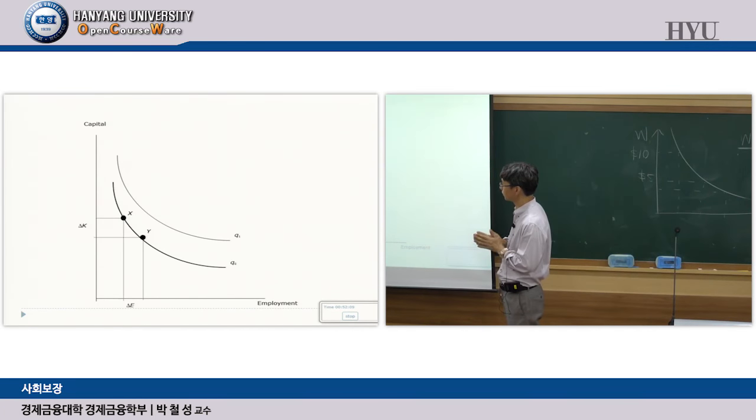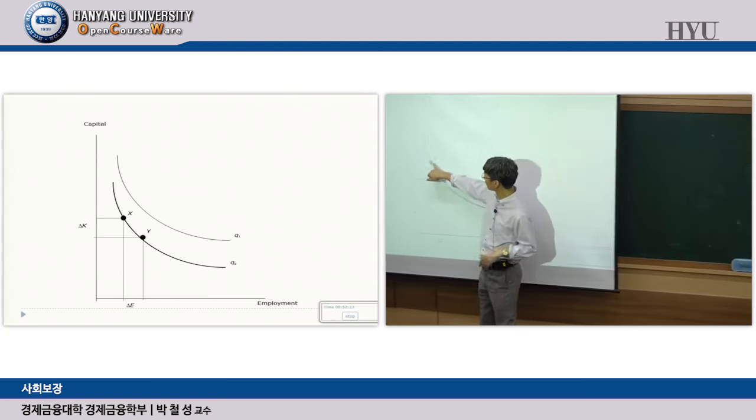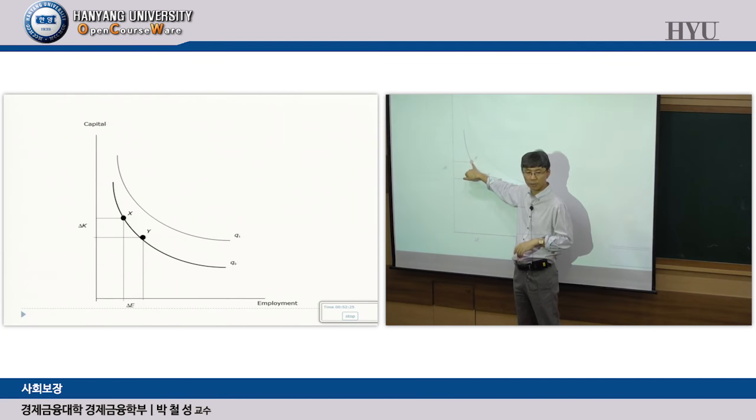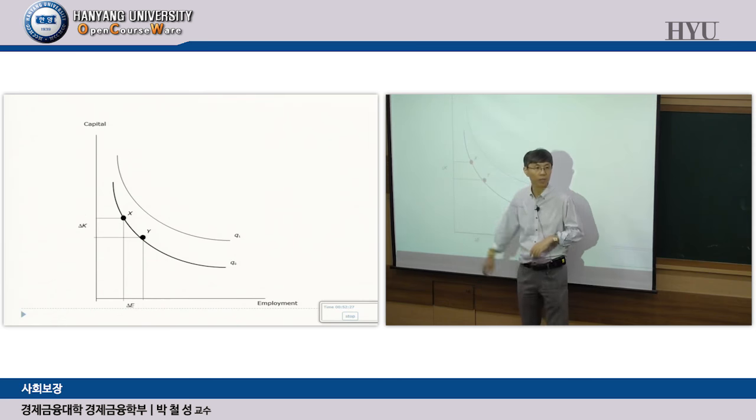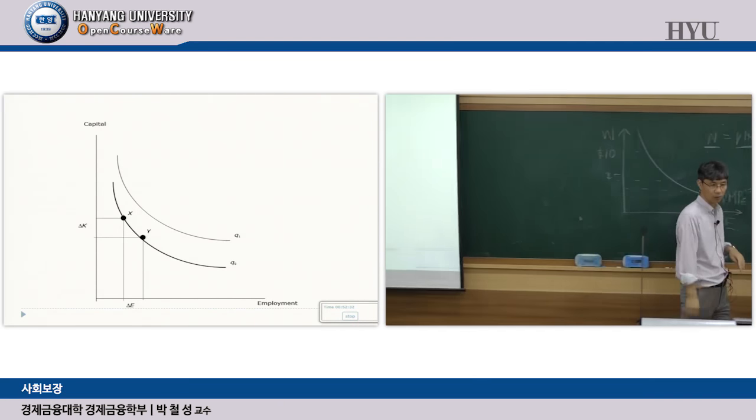What is an isoquant curve? Iso means equal. Quant means quantity. So isoquant just means equal quantity. It means the combinations of capital and labor input that produce equal quantity. So that is the isoquant curve.